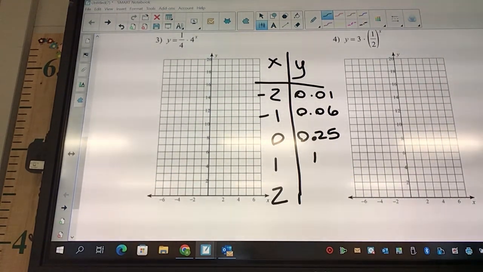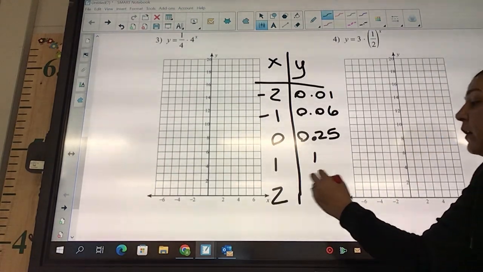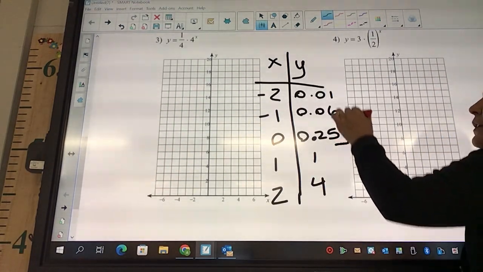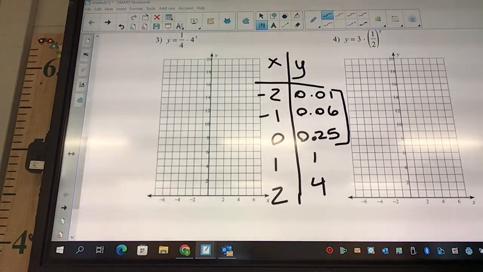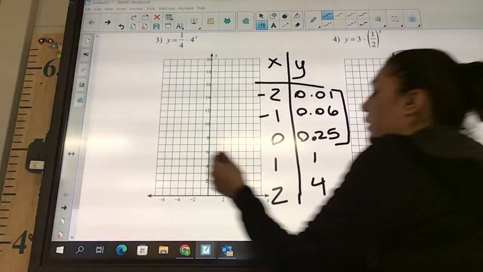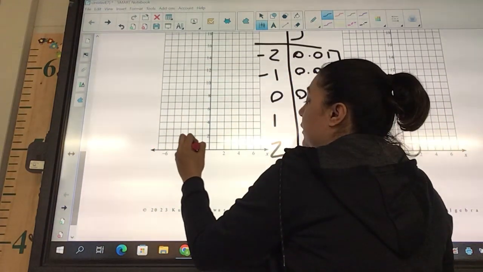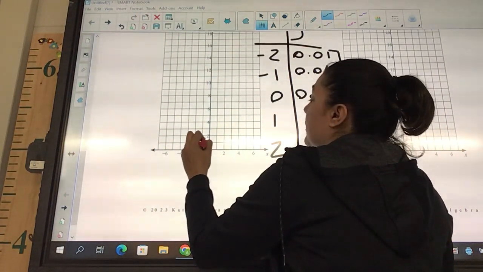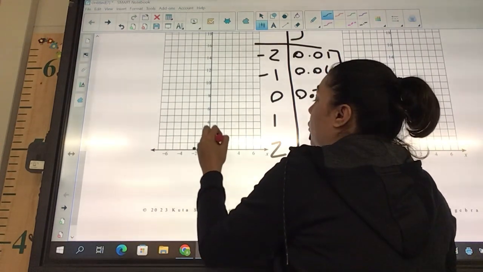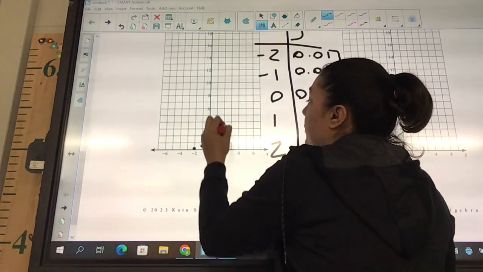And the 2? 4? Okay, all of these are less than 1, so make them increasing really slowly, okay? Do one dot as small as you can, and then a little higher up, and then a little higher up. Okay, so at -2, we're dang near here at the bottom, and same, and then at 1, 1, and then 2, 4, okay?